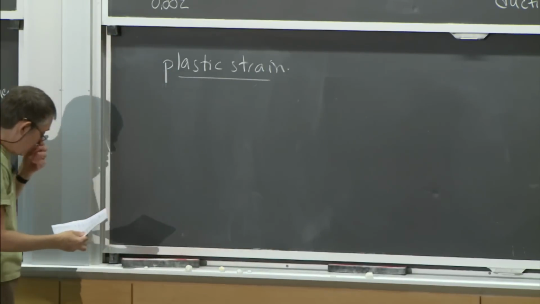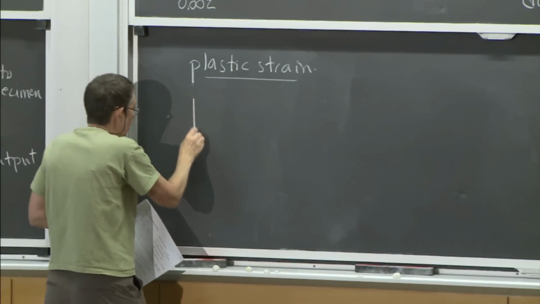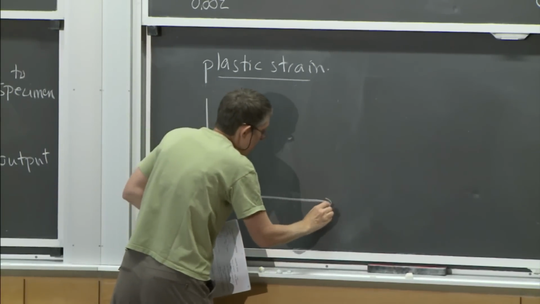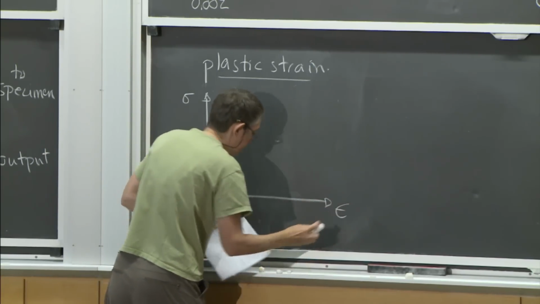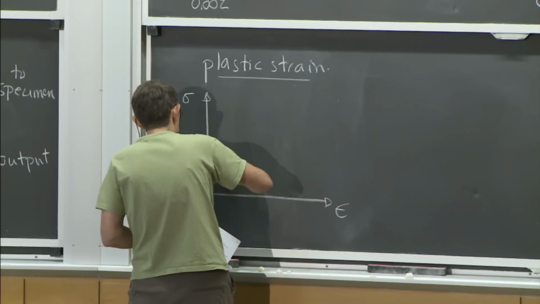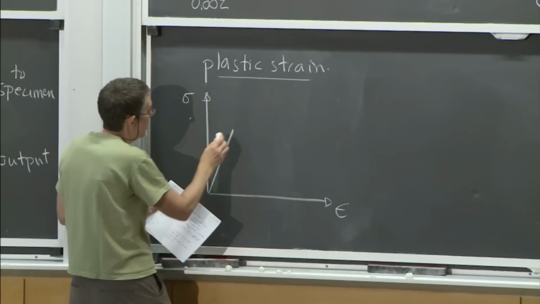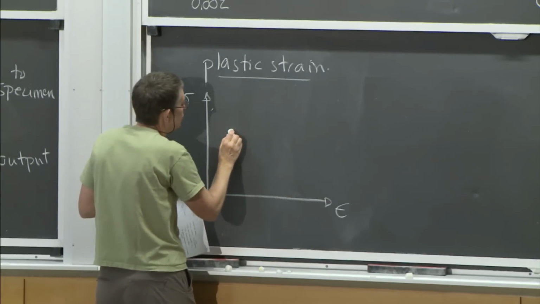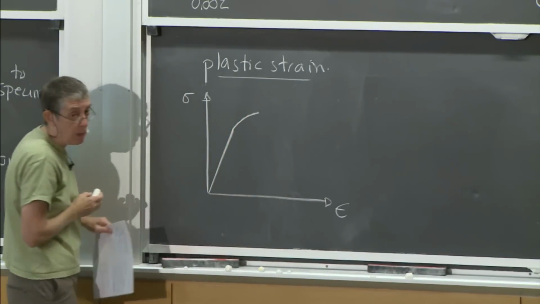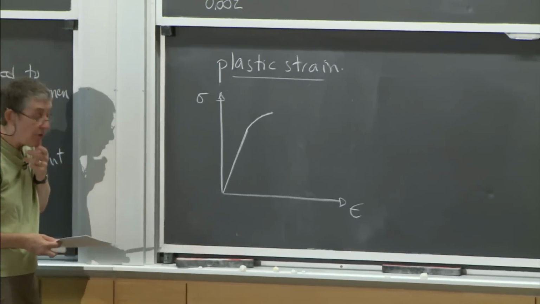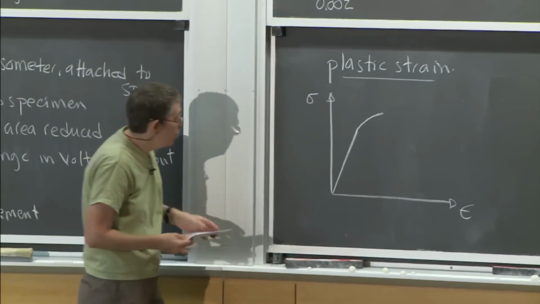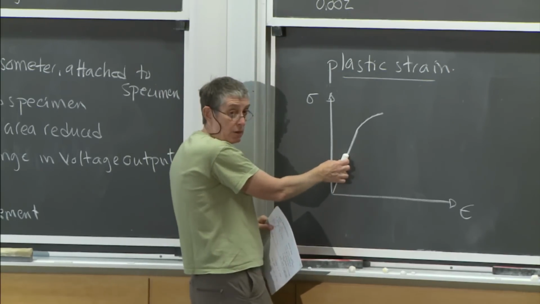So I want to talk a little bit more about the plastic strain. So say I draw my curve again. And say this time I have my linear elastic part, and then I don't load it right until fracture, but I just load it partly into the plastic regime there. So I'm not going to fracture it. I'm just going to load it partly up there. And then if I unloaded it, it would unload with the same slope as my Young's modulus here.